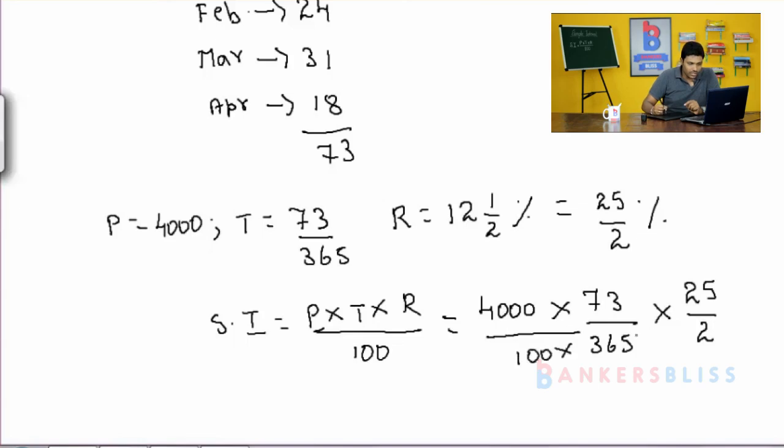Now the 2 zeros in the 4,000 and the 2 zeros in the denominator get cancelled. 40, and 2 is there in the denominator.